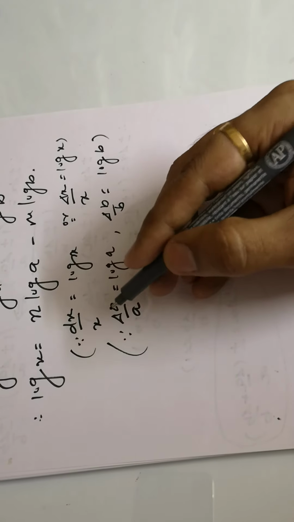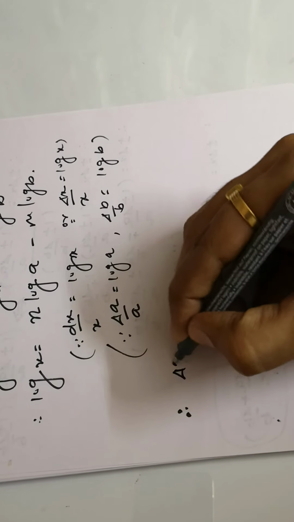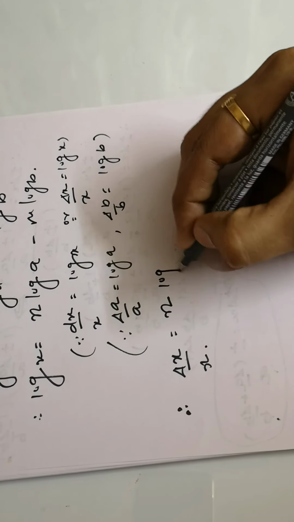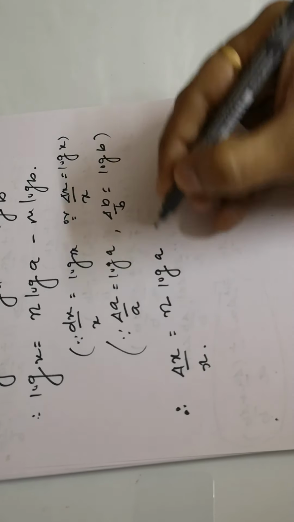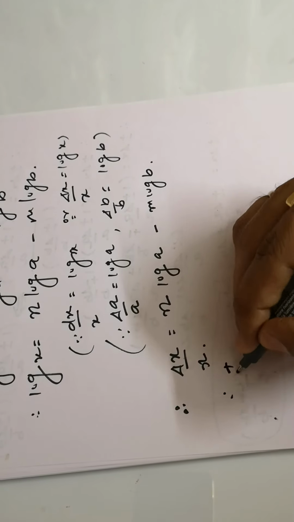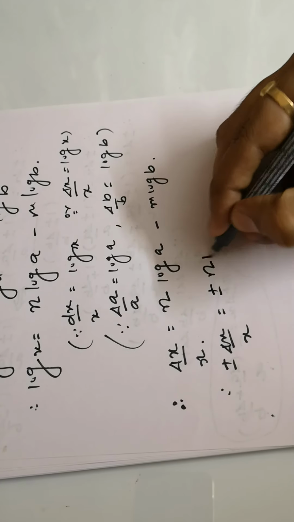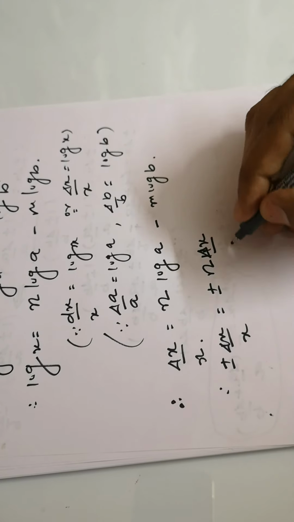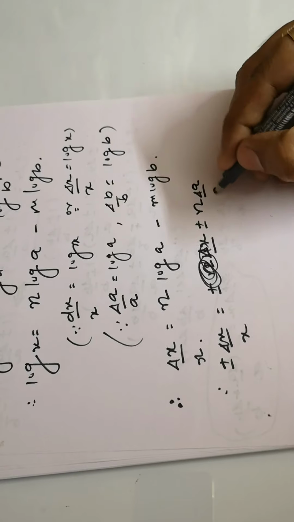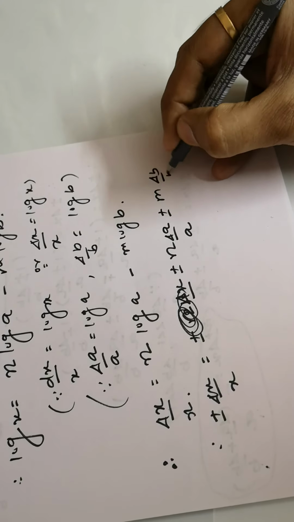In differentiation you will learn such things about powers. So we have delta x by x equals n times log a minus m times log b. But we have to place delta x by x, so I can have plus or minus n times delta a by a, and then plus or minus m times delta b by b.